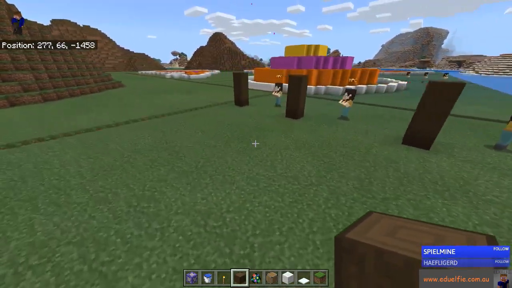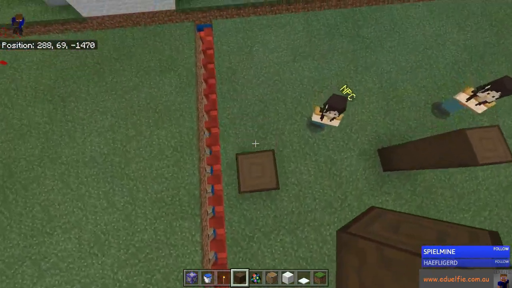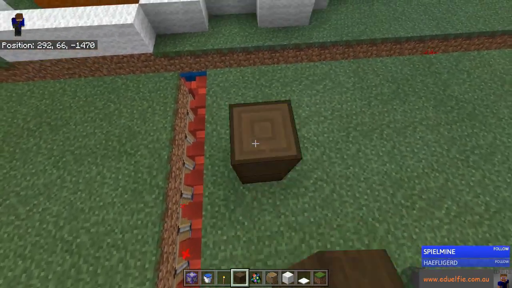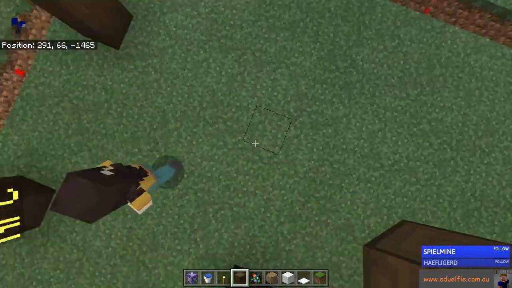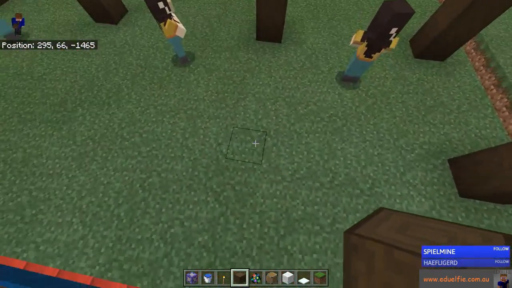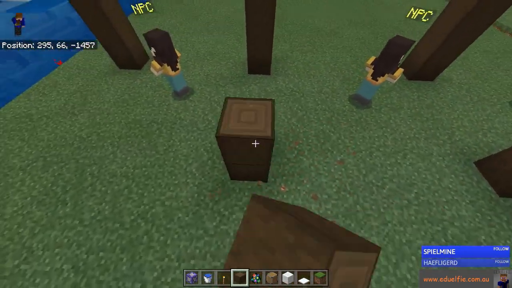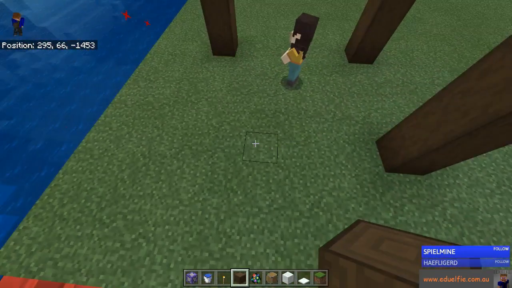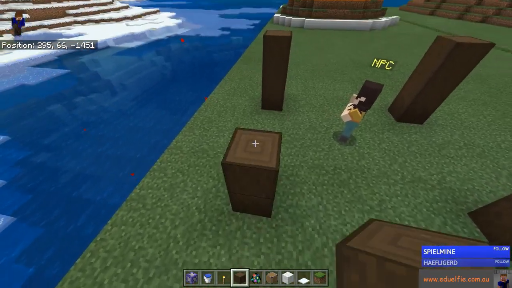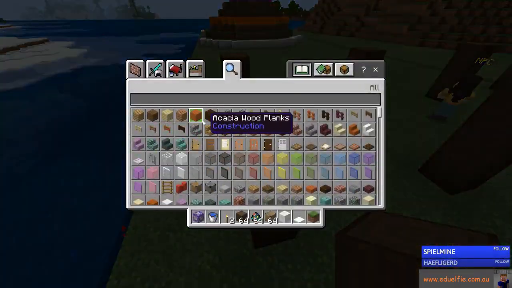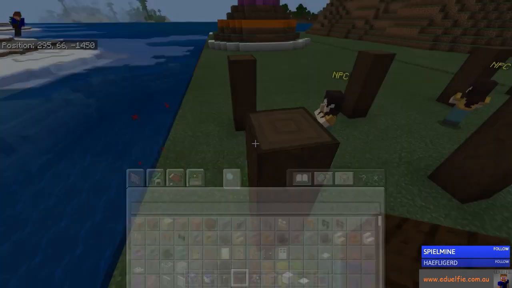Right. If we come back here, oop, that feels wrong, but anyway. And we get some planks. Do we want dark? Yeah, dark oak will do.